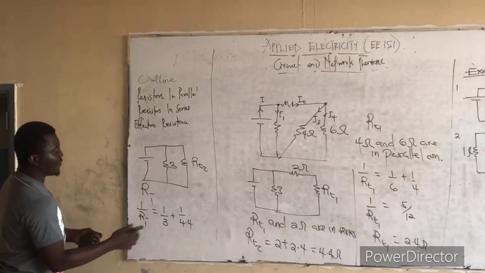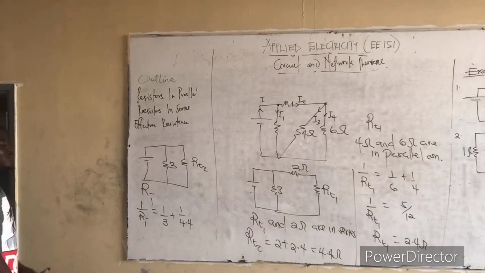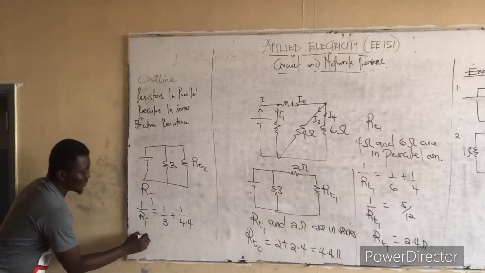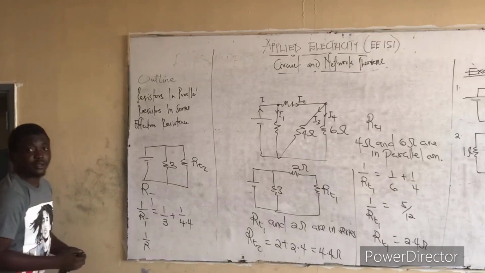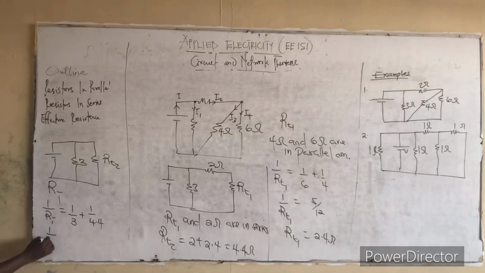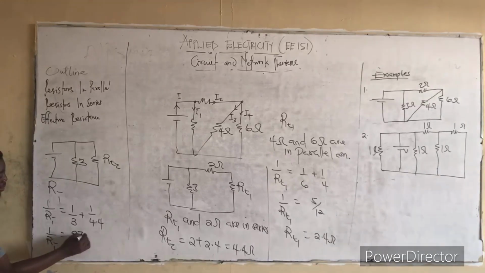And 1 over 4.4 plus 1 over 3, if you do it right, you get 1 over RT being equal to 37 over 66.